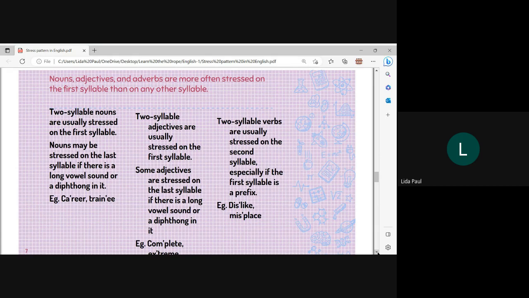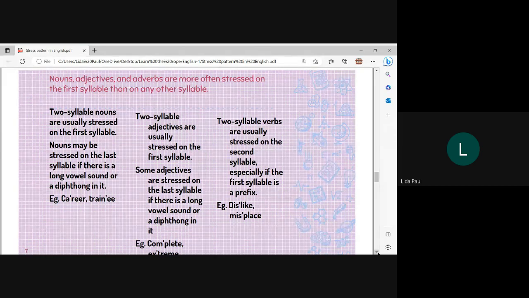So in case your noun ends with a diphthong sound or a long vowel sound, then the stress is marked on the syllable carrying that particular diphthong or the long vowel sound. Okay, so look at this one.